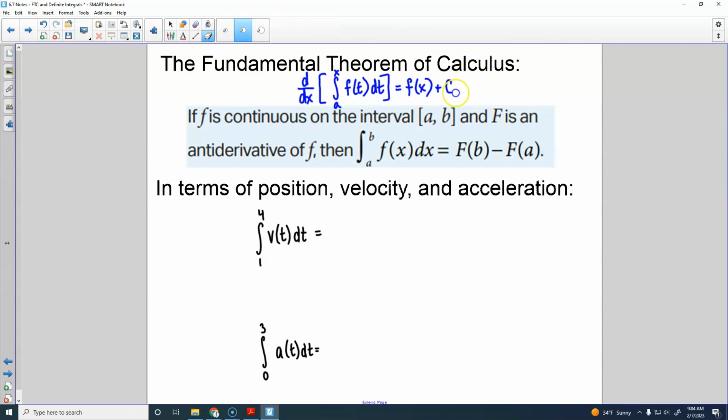No plus c. It just gives us f of x, right? So the fundamental theorem of calculus recognizes that the derivative and the integral are inverses of each other.